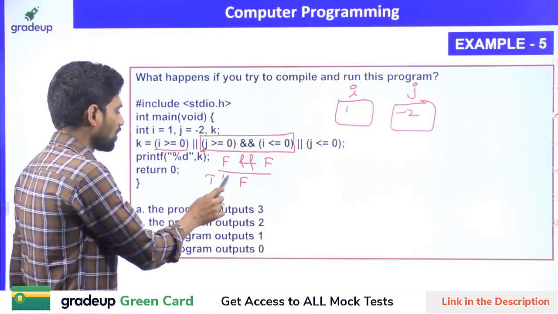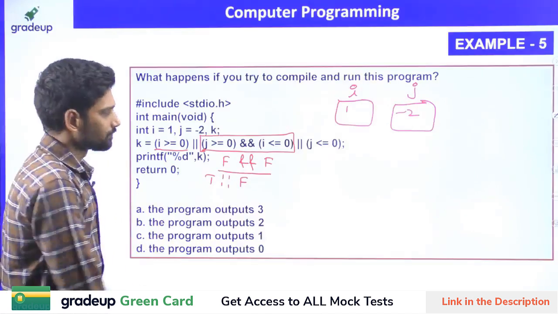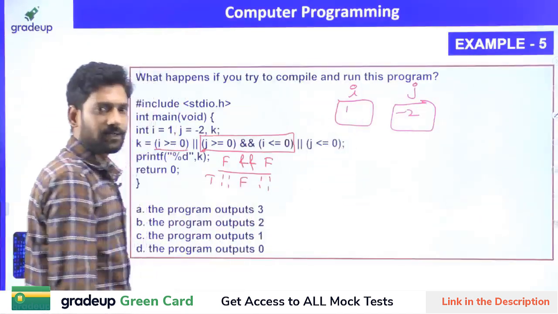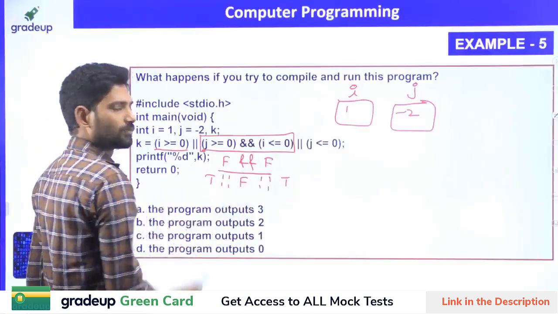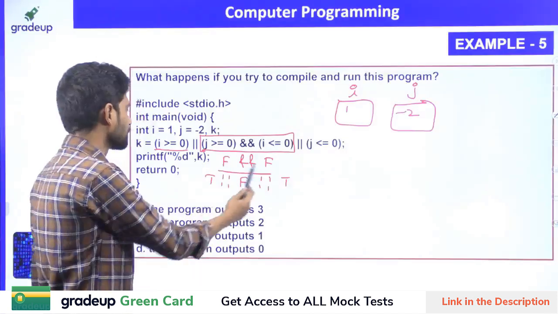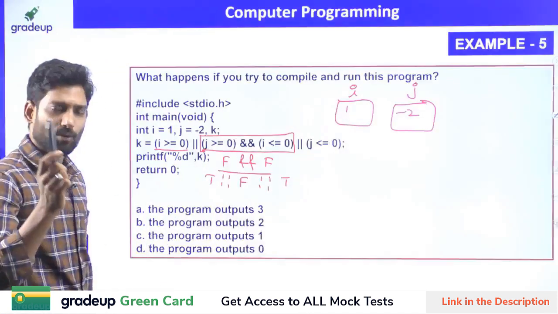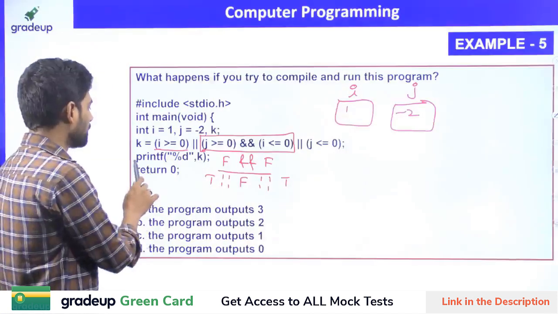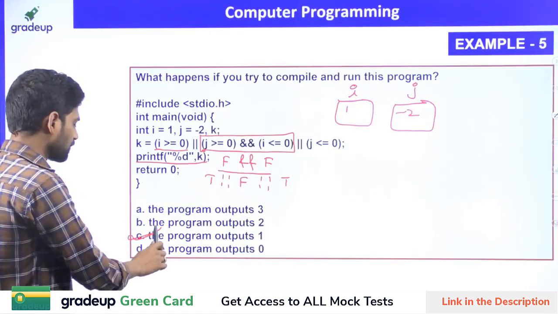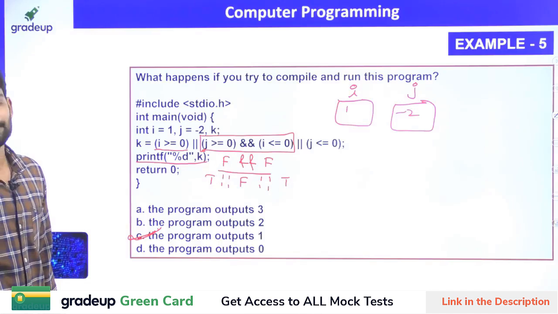So true or false, or minus 2 less than or equal to 0, true. Now true or false, true; true or true, true. So what is assigned to k? True, which means 1. Print k, 1 will be printed. So the program outputs 1.